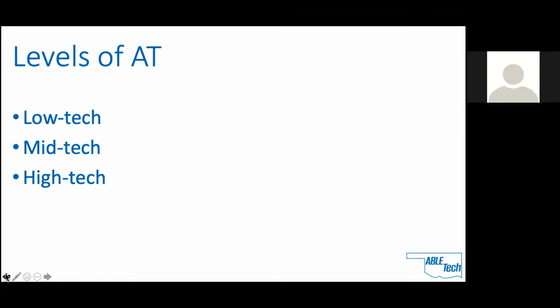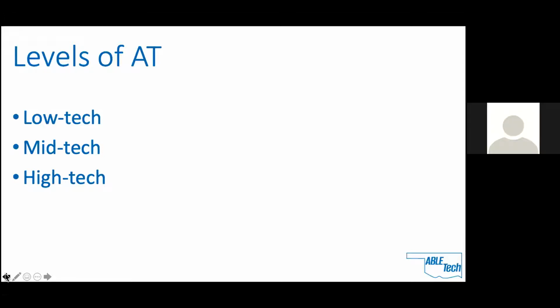They usually have a battery or mechanical component, and they have some complex features, but not very much. And then the difference between high-tech and mid-tech is that high-tech is very expensive and requires training, and they definitely are electronic or mechanical. They're very high-end pieces of equipment.